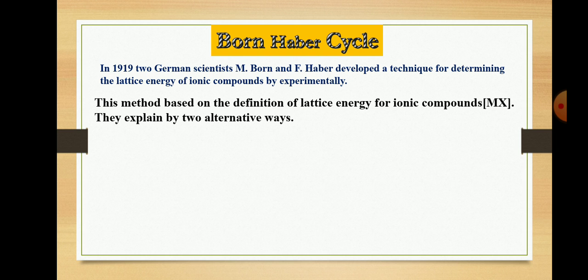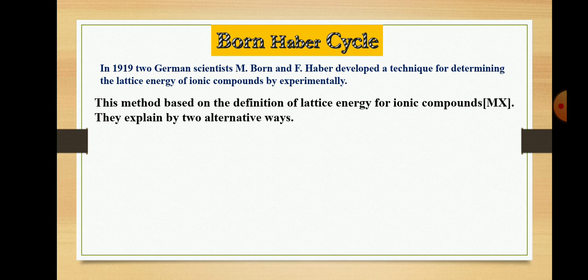So students, this method is based on the definition of lattice energy for ionic compounds MX. You have to just remember the definition, and they explain it by two alternative ways. So in case of lattice energy, how this MX ionic compound is formed depends on two alternative ways.